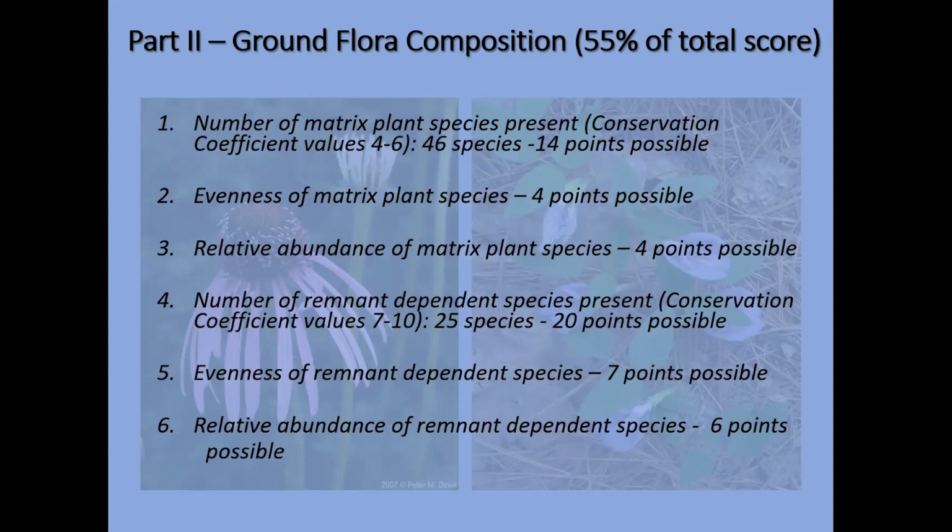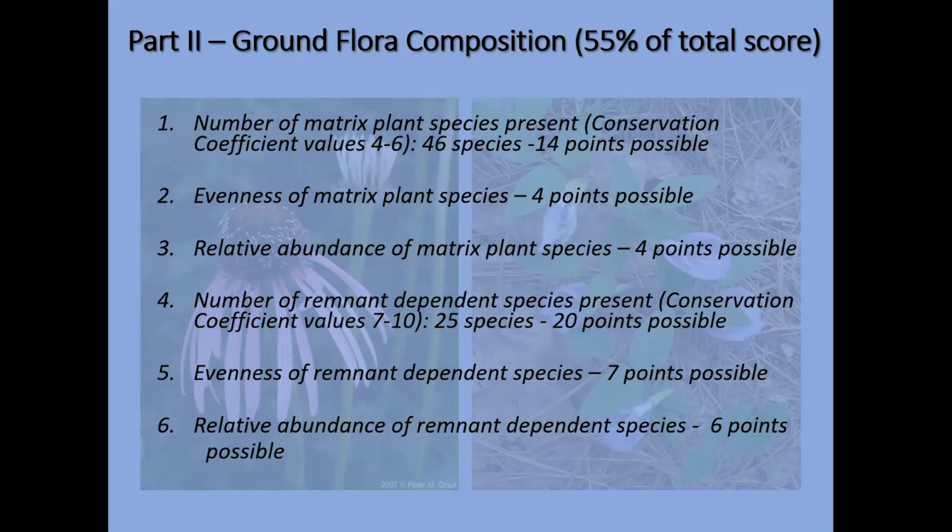The evenness of matrix plant species is going to be how many times a species shows up in those 3 transects. If it shows up all 3 times, then you get a portion of those points, for up to 4 points possible. The relative abundance is just looking at overall cover.